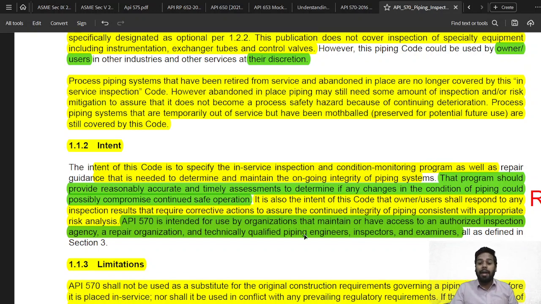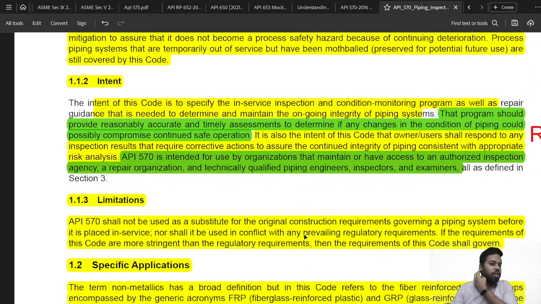Okay. Intent of this code. The intent of this code is to specify the in-service inspection and condition monitoring program as well as repair guidance that is needed to determine and maintain the ongoing integrity of the piping system. That program should provide reasonably accurate and timely assessment to determine if any changes in the condition of the piping would possibly compromise its continued safe operation.